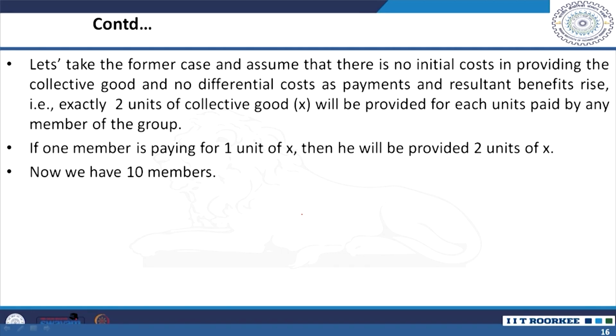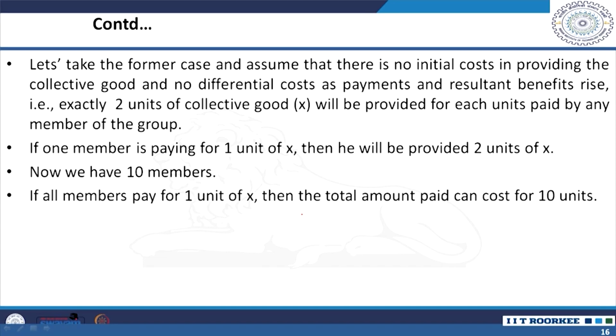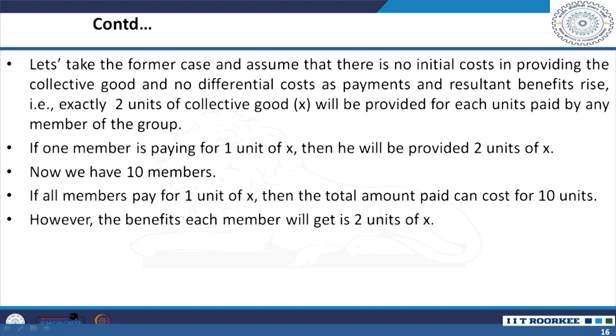Now, as you understand, in this group we have 10 members. If all the members pay for 1 unit of this collective good, then the total amount paid is for the 10 units, and the benefit each member will get is 2 units of x, although the cost they are paying is for 1 unit.